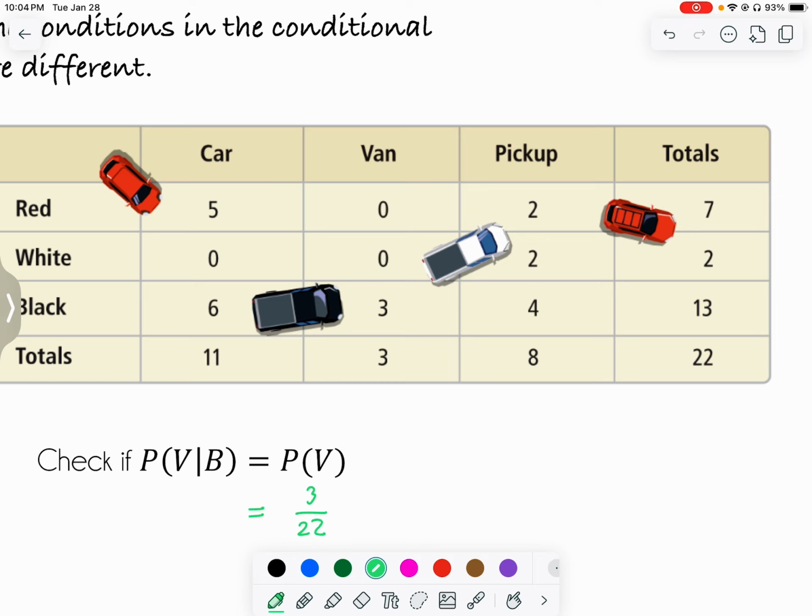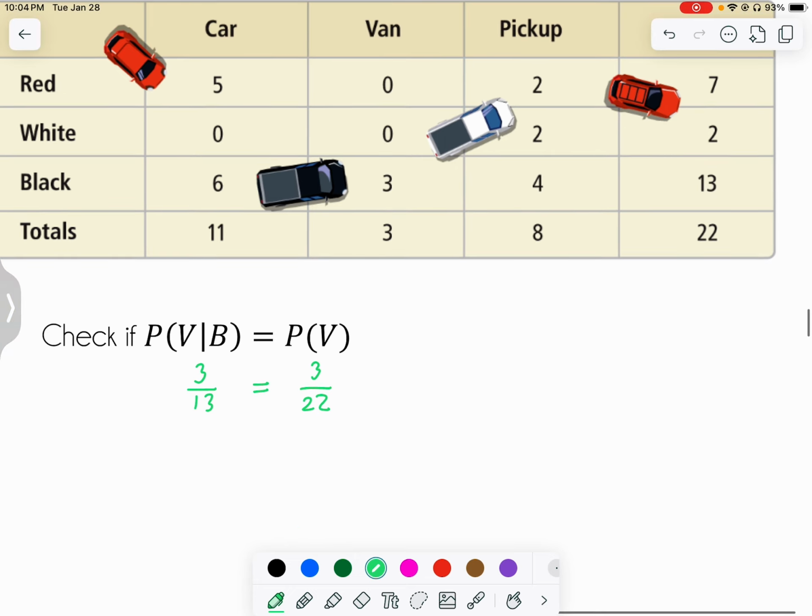What's the probability of it being a van knowing that it's black? Well, we know that there are 3 vans that are black out of all 13 black vehicles. So that's 3 out of 13. Are these two equal? And the answer here is no.